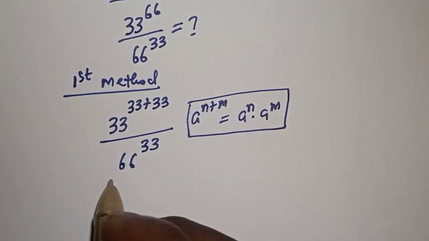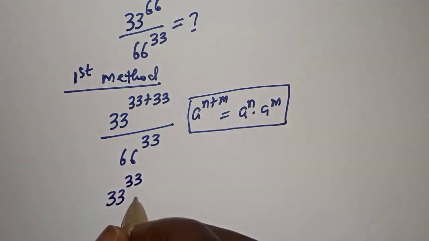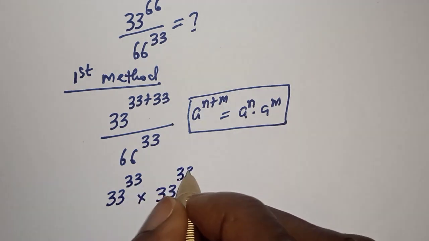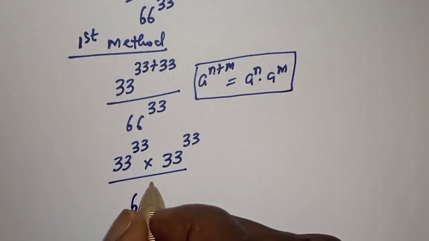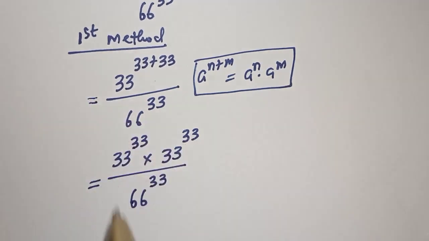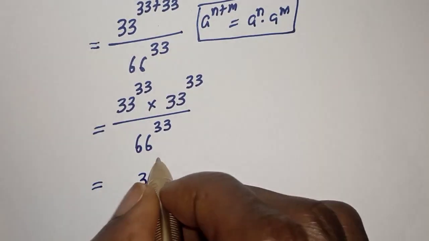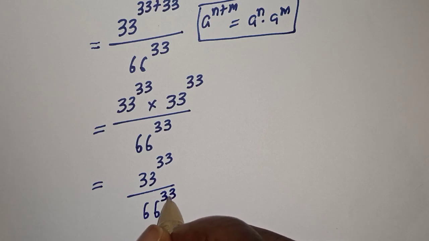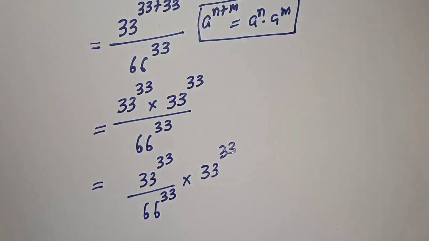33 raised to power 33 plus 33 can be written as 33 raised to power 33 multiplied by 33 raised to power 33, divided by 66 raised to power 33. This is equal to 33 raised to power 33 divided by 66 raised to power 33, multiplied by this 33 raised to power 33.